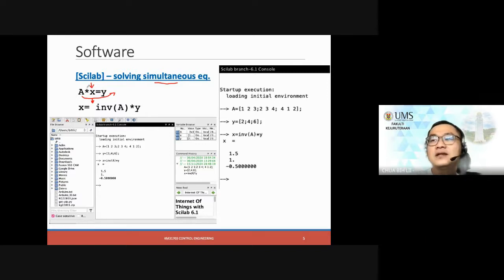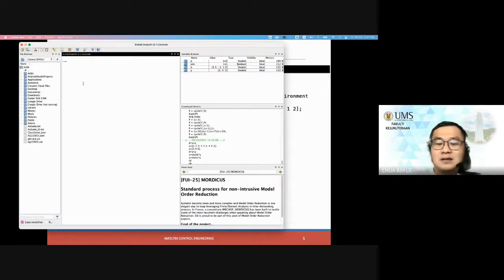Therefore, if I type a multiplied by x equals y over here, they will not understand, because they expect an equal sign. They may expect something like a equals y multiplied by x, but the problem is that they do not know what x and y are, because you never tell the software what x and y are. This is why you have to define them earlier.